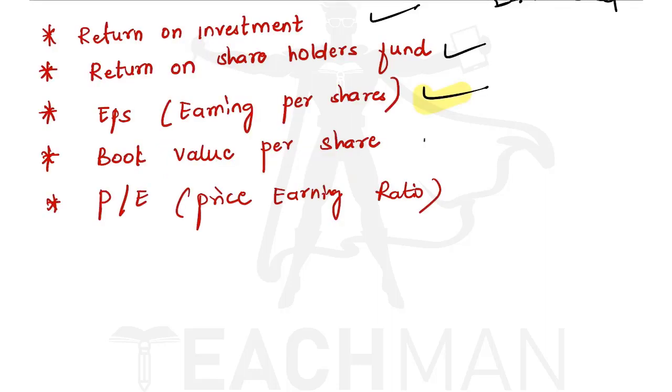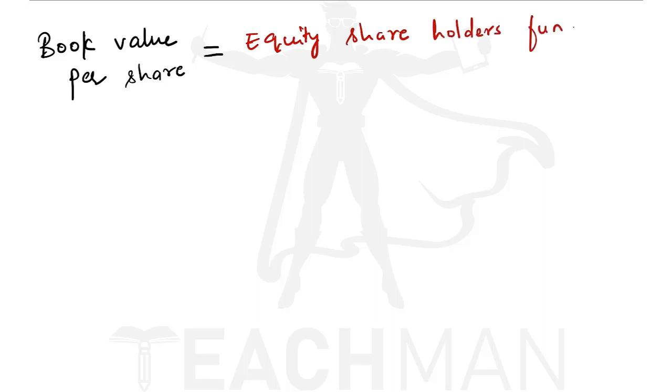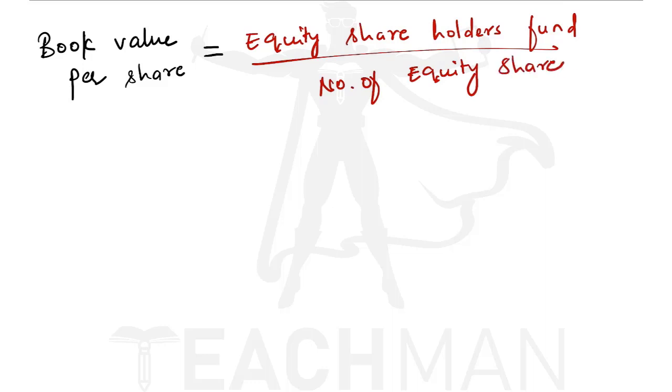Now let us calculate book value per share. The formula is equity shareholders fund divided by number of equity shares.